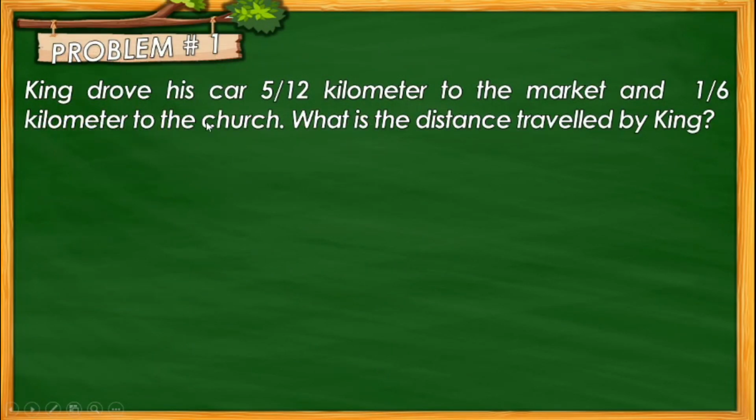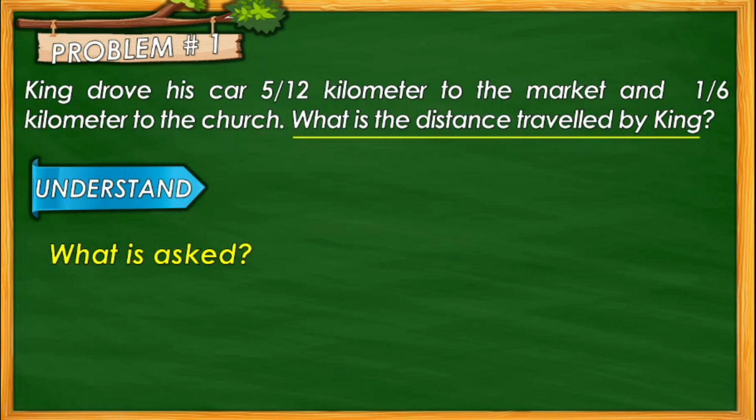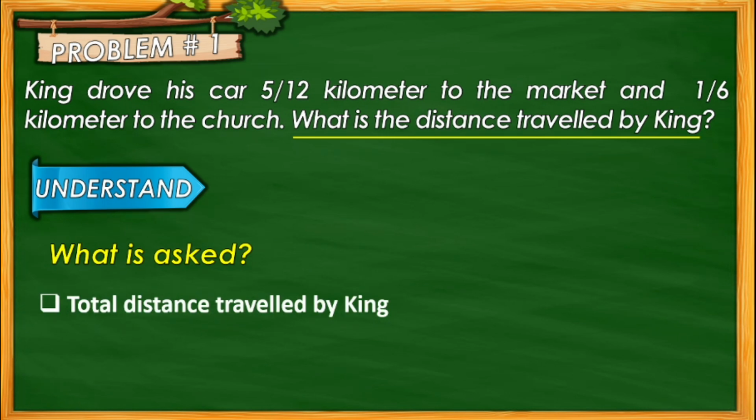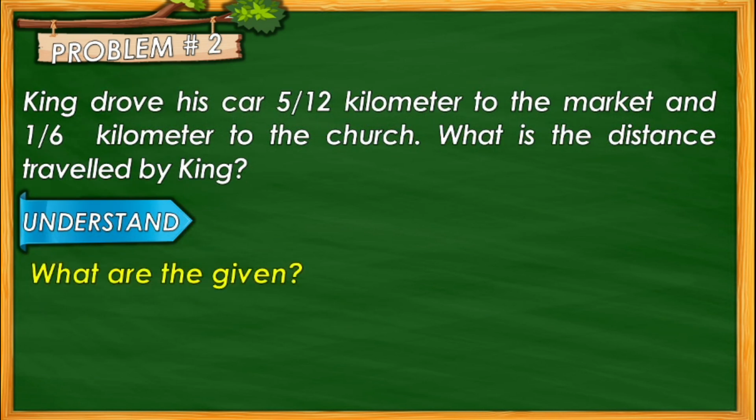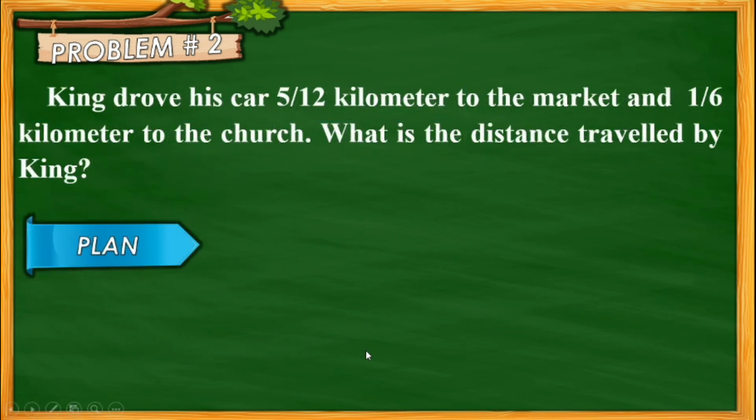So going back to our problem, let's understand what is asked in the problem. The answer would be the total distance traveled by Kite. And the given are 5/12 kilometer to the market and 1/6 kilometer to the church.